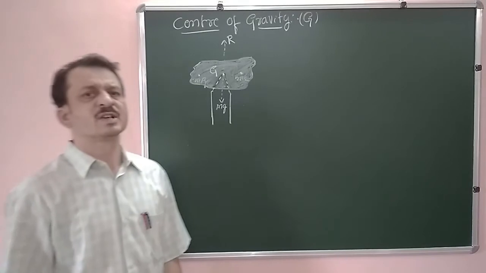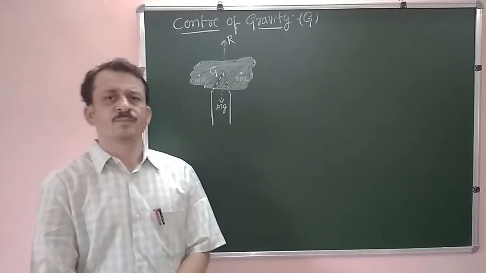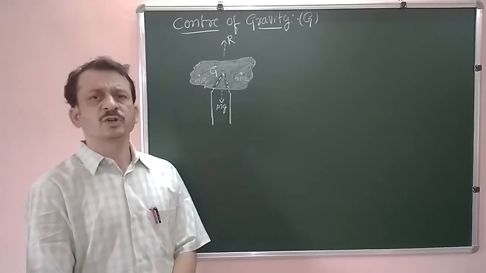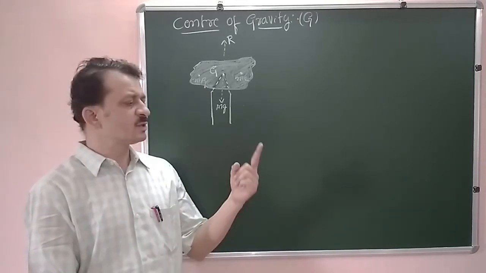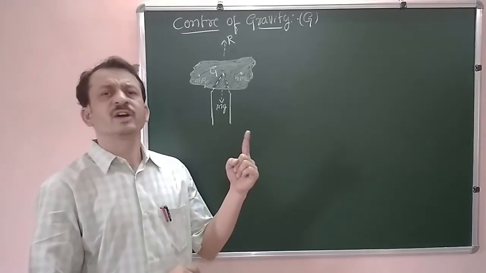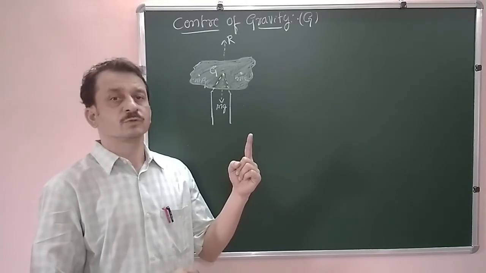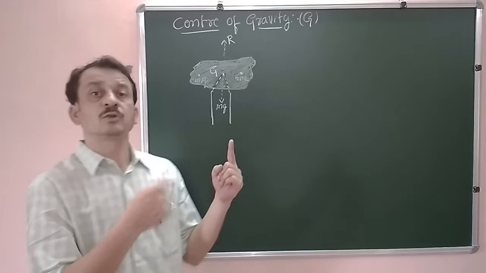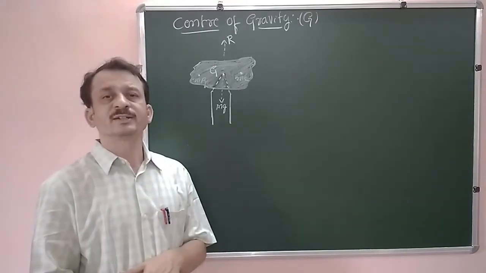Next concept, center of gravity. In childhood, we have observed that we balance a notebook on the fingertip. Most of the students have tried that, and they even rotate that notebook at a particular point.